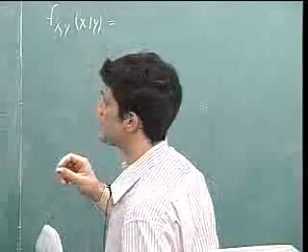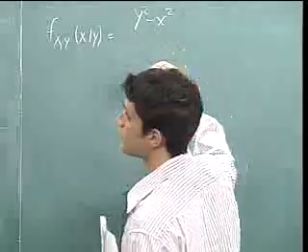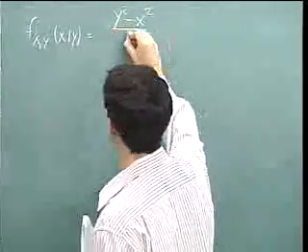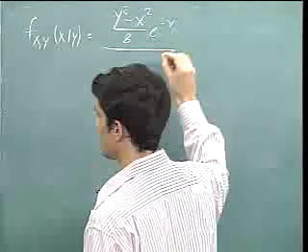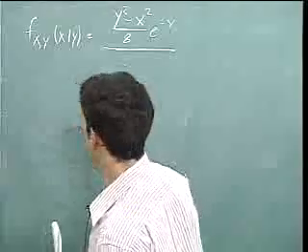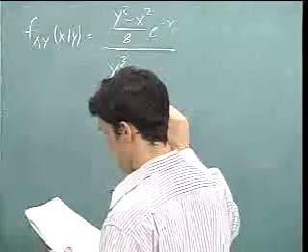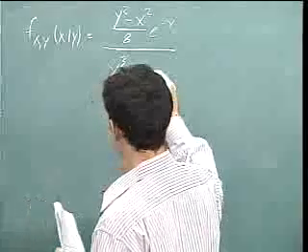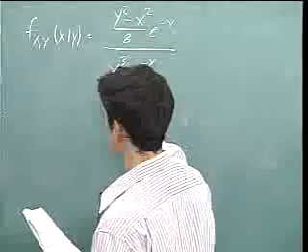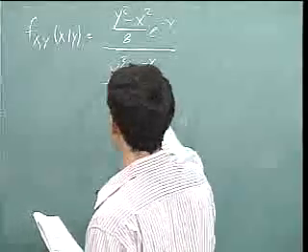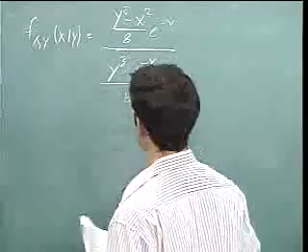It is x squared minus x squared over 8 times e to the minus y divided by y cubed times e to the minus y over, I'm sorry, this is 6, over 6.